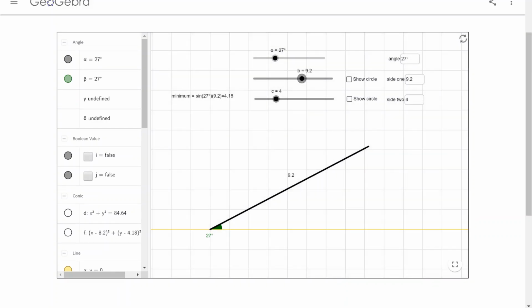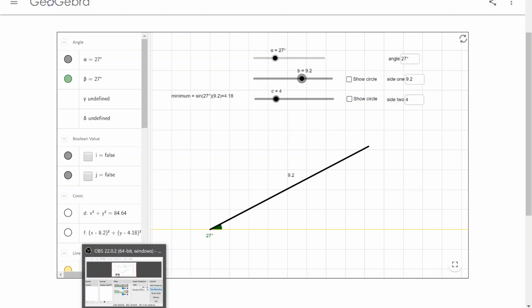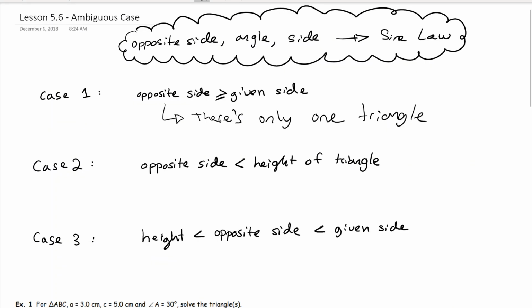So all of a sudden, for example, when the given side is 9.2, my opposite side is 4, well, the height of the triangle is 4.18. So that side is no longer long enough to actually reach the opposite side, and your triangle can't form. So when the opposite side is less than the height of the triangle, there is no triangle. There's no triangle at all. Sides don't reach.